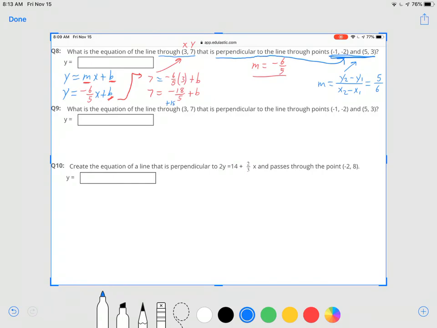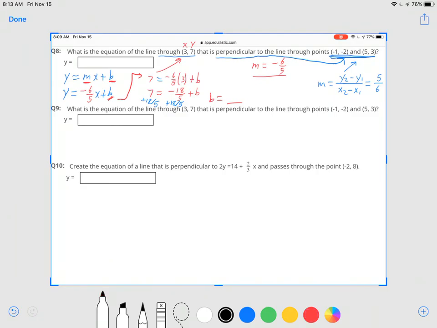So if we want to undo the -18/5, we have to add 18/5 over here. I'm just going to show the work for that on the right in black. The last line is going to be b equals something.